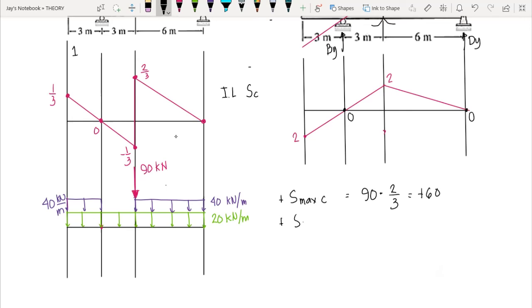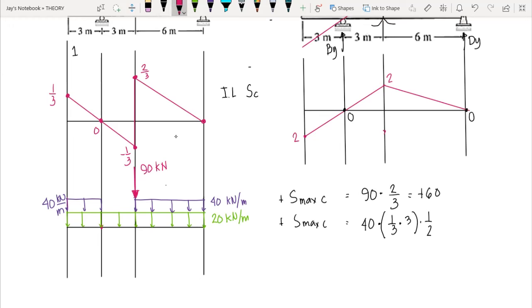Now, the maximum shear at C due to the uniformly distributed live load of 40, you just need to multiply the load with the area under the influence diagram. So we have here 40 times 1/3 times 3, that's the length, times 1/2.